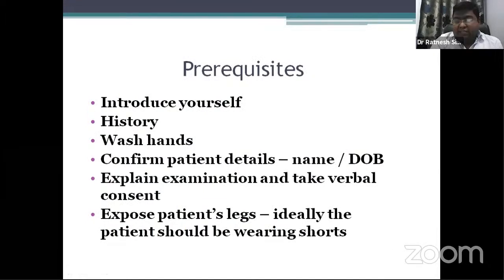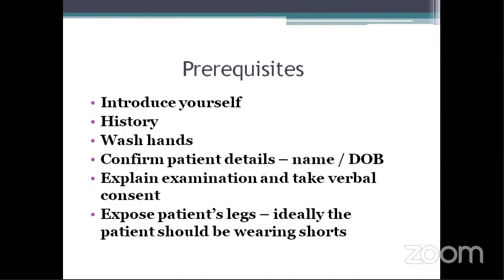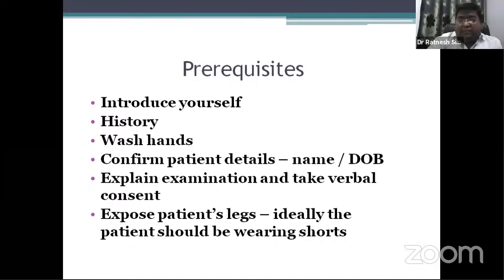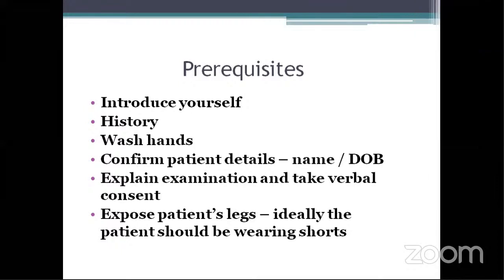There are some prerequisites before you examine your patient. First of all, introduce yourself. Take a small history. Wash your hands properly. Confirm patient details. And before examination, always explain what you are going to do with the patient and take verbal consent.